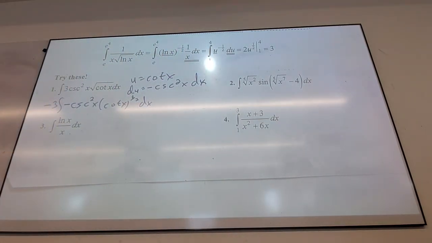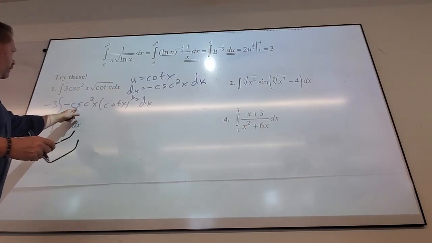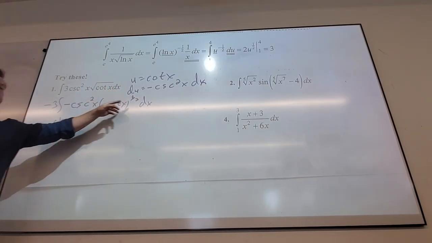Did I just change the problem? Did I fundamentally change it? No. I made it look different. So on one level you go, look at us, we're amazing. But what can I see now inside that I need to see? Your u and your du. I can see my du. My du is negative cosecant squared x dx. That's your du, yes?